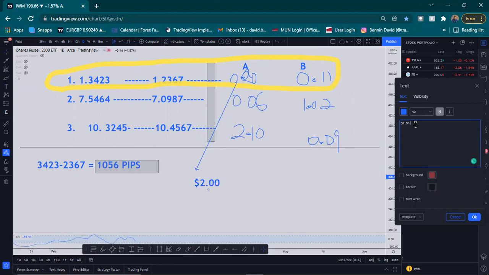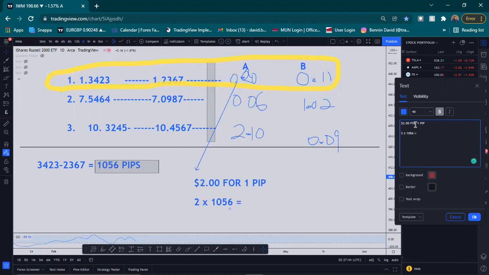So $2 for one pip. And we said this person made how many pips? 1,056. If one pip is $2, how much would 1,056 pips be? You multiply 2 by the total number of pips, 1,056, and that's the total money.